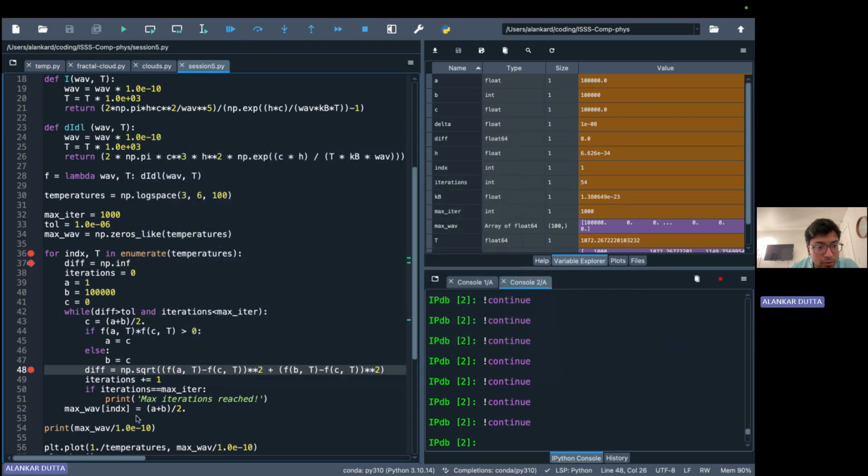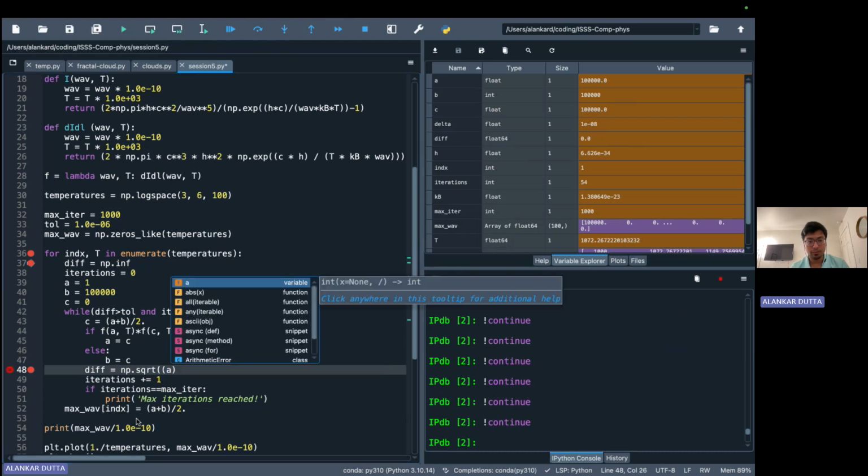Suddenly, why does diff go to 0 here? So let's see. I want the A and C to be as close as possible, right? So why am I using this?